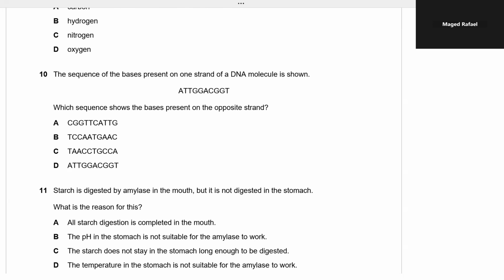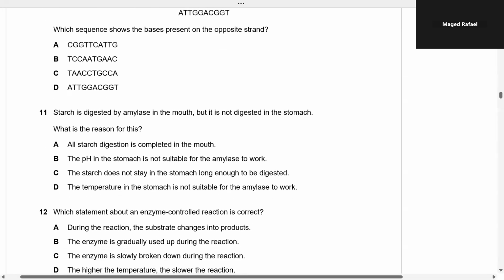Question 11. Starch is digested by amylase in the mouth, but it is not digested in the stomach. What is the reason for this? Definitely the reason is the pH. The pH in the stomach is not suitable for the amylase to work. The answer is B. Question 12.